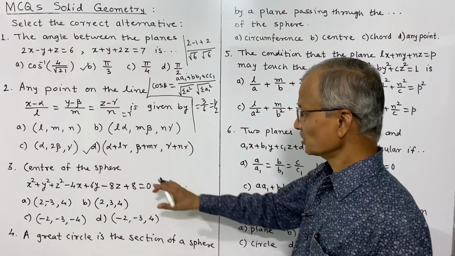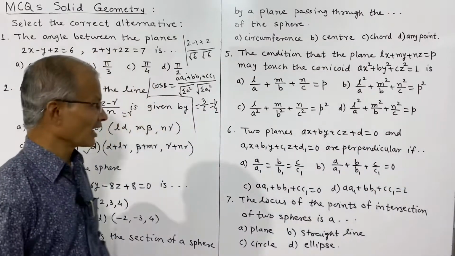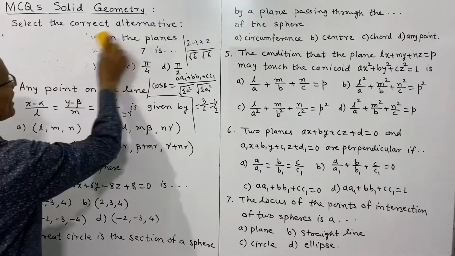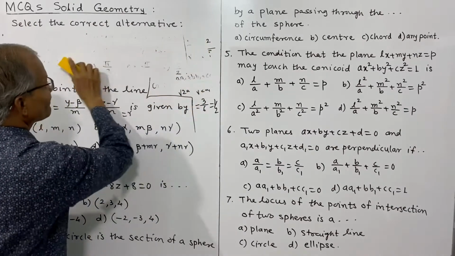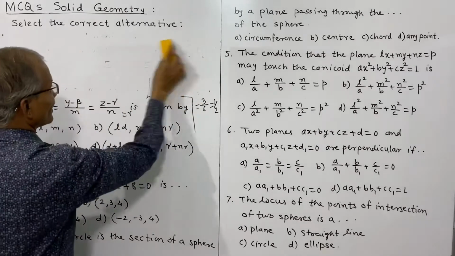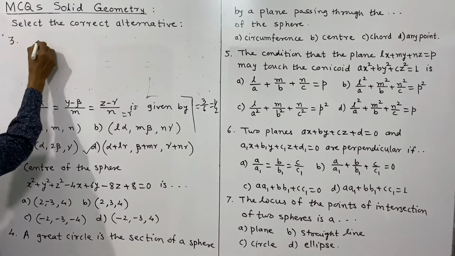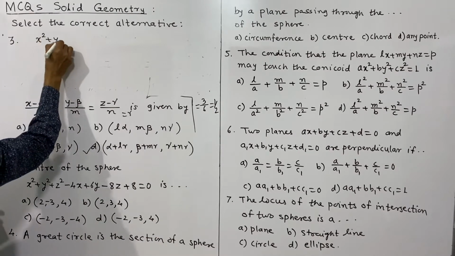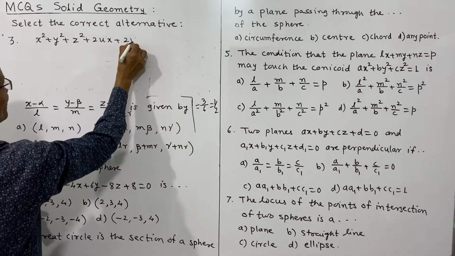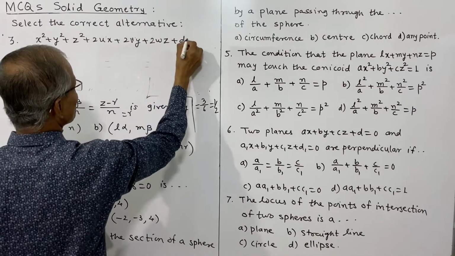Now the next question is the center of the sphere. See, this is the equation of the sphere, and we are asked to find the center of that sphere. Actually the equation of a sphere in general form can be written like this: x square plus y square plus z square plus 2ux plus 2vy plus 2wz plus d is equal to 0.